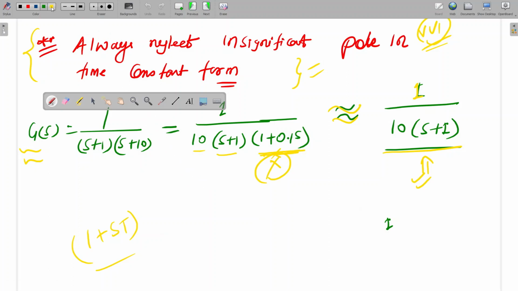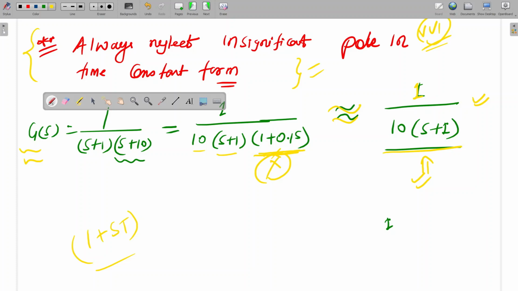We are converting the transfer function into time constant form. So I have taken 10 common from this one. So it became 1 plus sT, where T is 0.1. So now we can neglect this insignificant pole, which is 1 plus 0.1 s. Now the approximated transfer function will be 1 divided by 10 into (s plus 1). Is it clear?